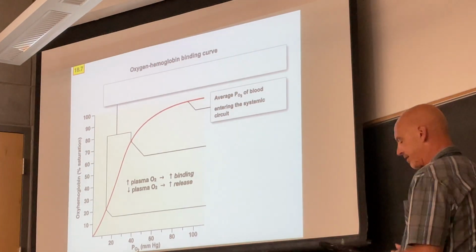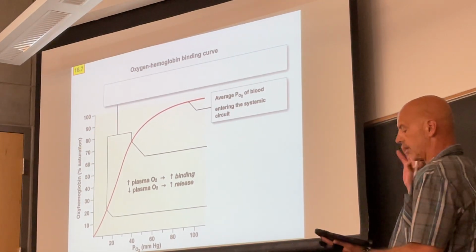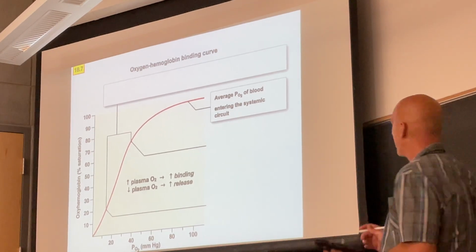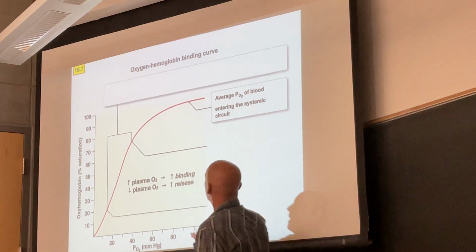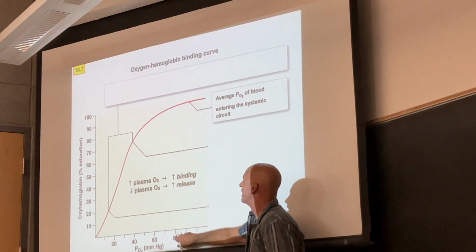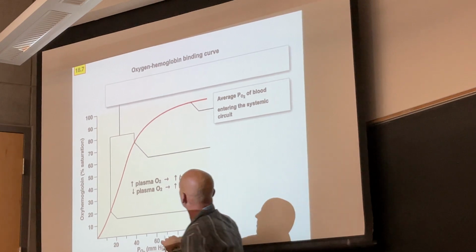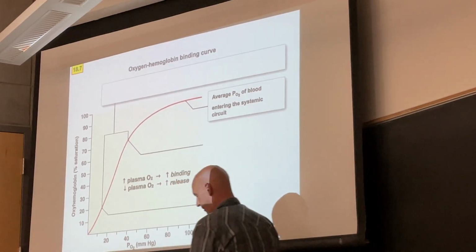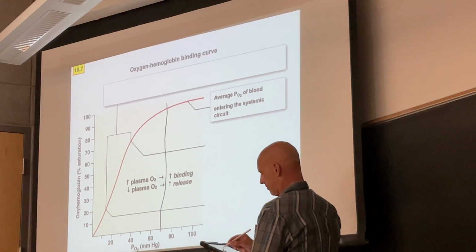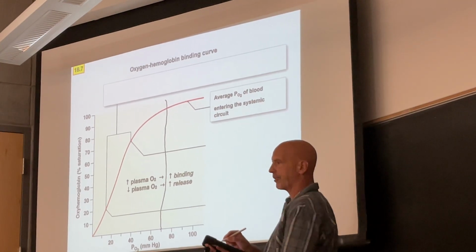Again, excess oxygen is going to facilitate more binding, right? So down the bottom here we have excess binding at like 100%, let's say 80%, even all the way up to here. At 70%, you're pretty much saturated.